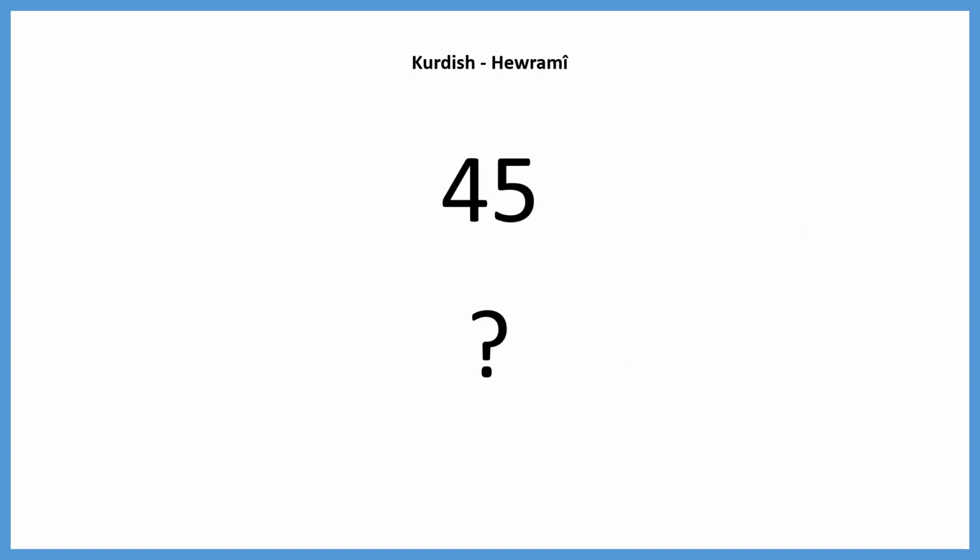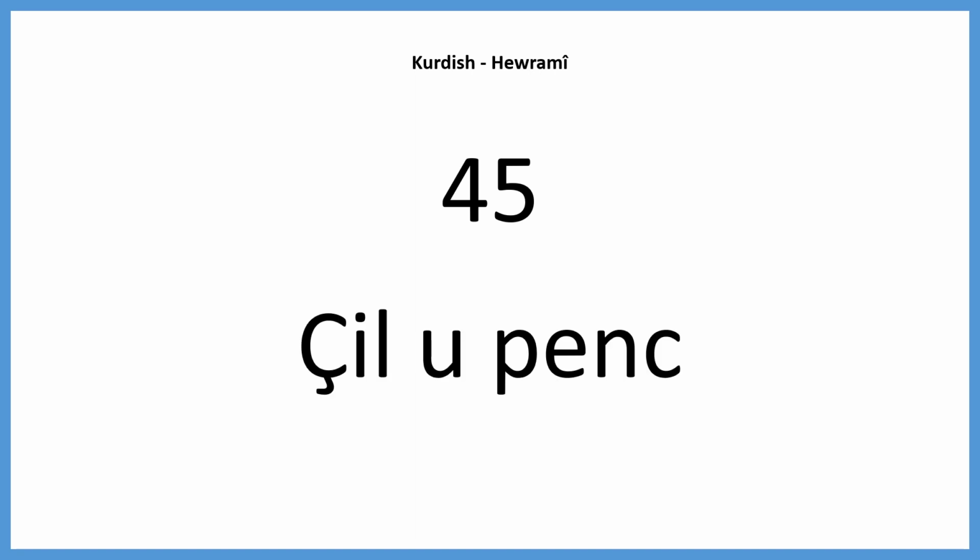So let's practice with some examples. What would the number 45 be in Kurdish? You may pause the video here. Great. So the number 45 would be chilupenj: chill, 40, u, and, penj, 5.